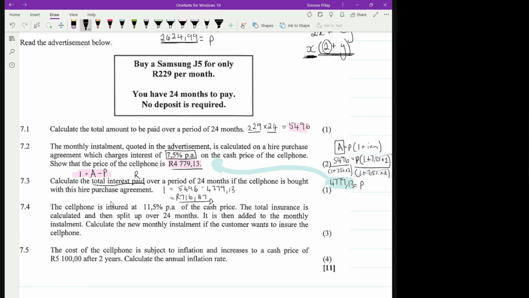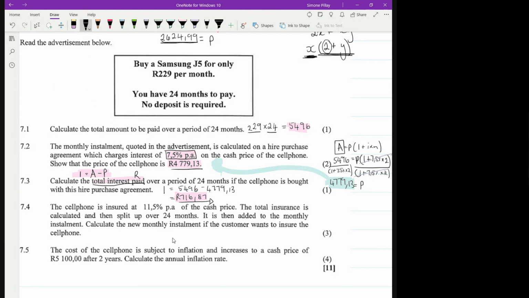So there's a difference between the interest amount that you pay and your interest rate. Remember, my interest rate, the 7.5%, is the one that we want in a percentage form. But when we calculate the rand value of the interest I'm going to pay, that is what they asked me for in this question. That is why this is in the unit of a rand and not in a percentage format. Does that make sense? Yes, ma'am, thank you. Pleasure.